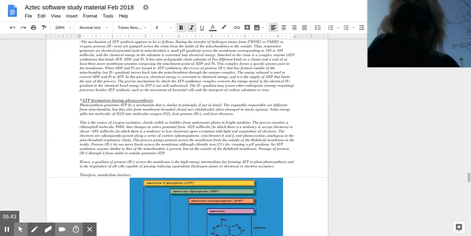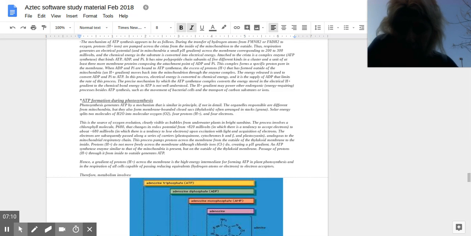Solar energy splits two molecules of water, H2O, into molecular oxygen and four protons and four electrons. So O2 plus 4H plus 4 electrons. This is the source of oxygen evolution, clearly visible as bubbles from underwater plants in bright sunshine.